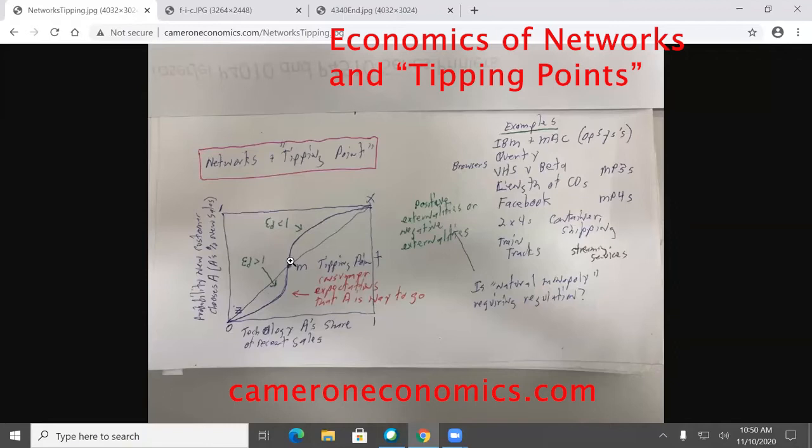So here, as more and more people choose one technology over another, you get a tipping point where now this technology is dominant. And again, this is mainstream neoclassical economics and ignores the first mover advantage and first mover disadvantage that we talked about. But so here you get the tipping point, and now the price elasticity of demand is less than 1. So now you have the firm with pricing power. Prior to that, you had consumer sovereignty.